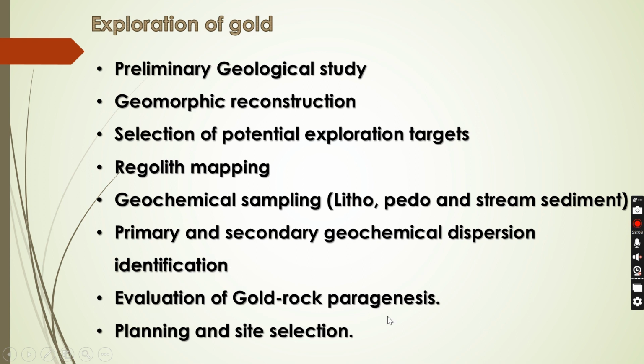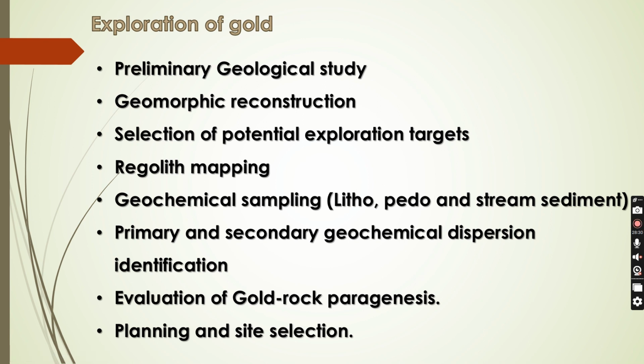Then evaluation of gold-rock paragenesis, so that the overall genesis can be understood, and that genesis will further guide in narrowing down targets. The same knowledge can be utilized in adjacent areas, from greenfield to brownfield areas. Then planning and site selection, or the others.